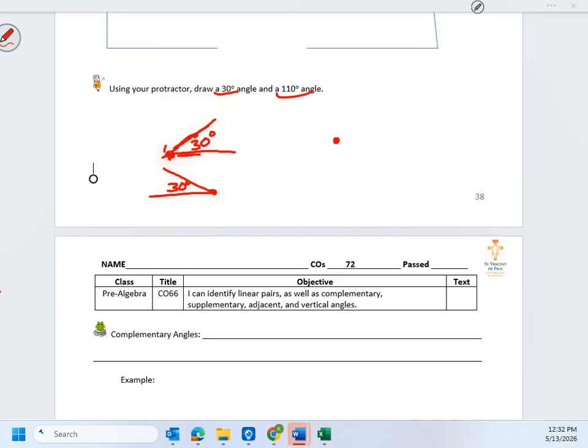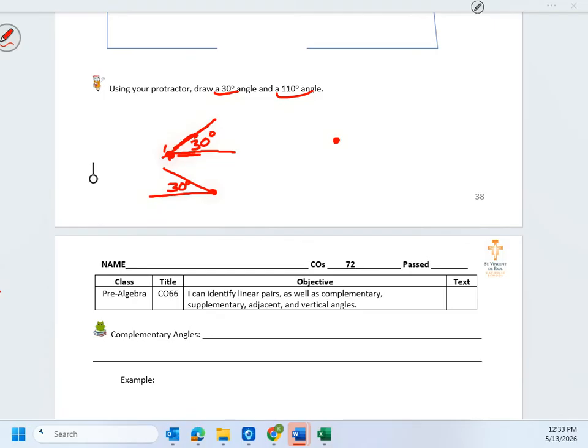I am going to take a protractor on the test and check to make sure that it's actually 30 degrees. And it needs to be close. If you just draw it like I did down here, there's a good chance you're going to be off by more than 3 degrees and then you won't get credit for it. The whole point is knowing how to draw a more precise angle instead of just guessing.